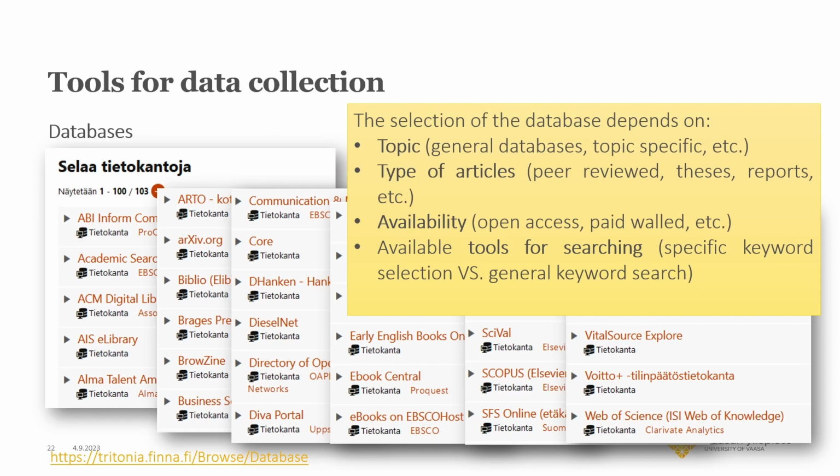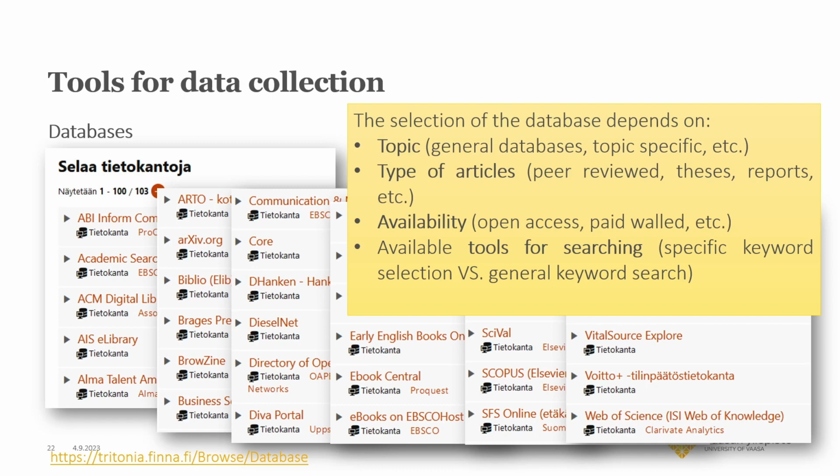But in general, the selection of the database depends on the topic. There are general databases, where there is no specific topic, or they are topic specific, for instance in healthcare, economics and education, or in engineering or computer science.